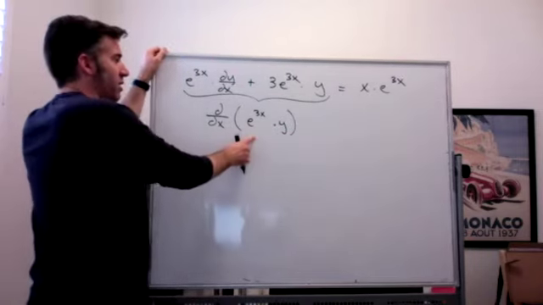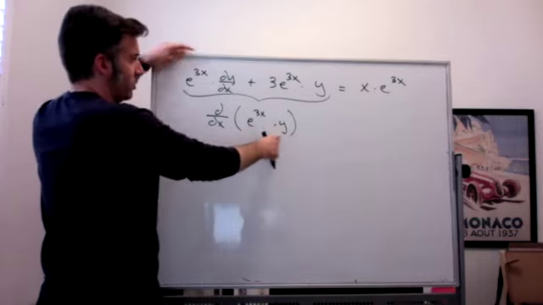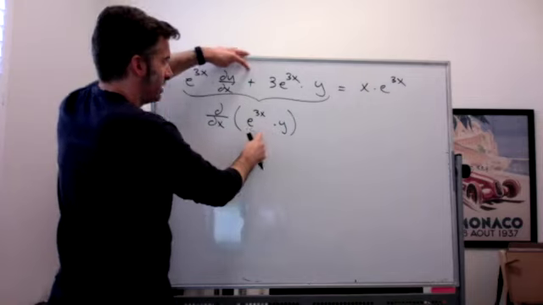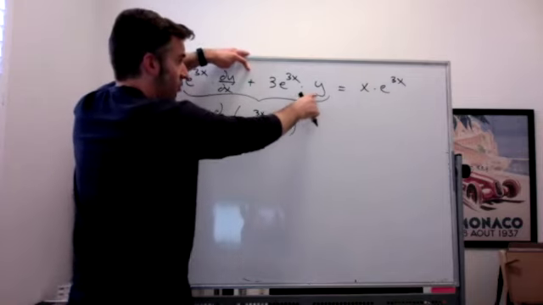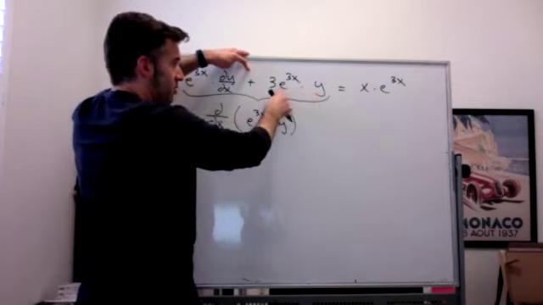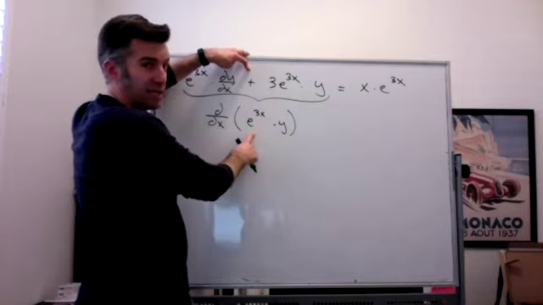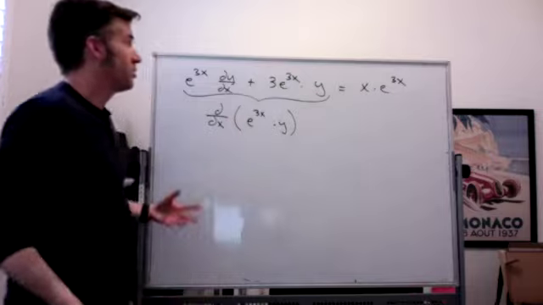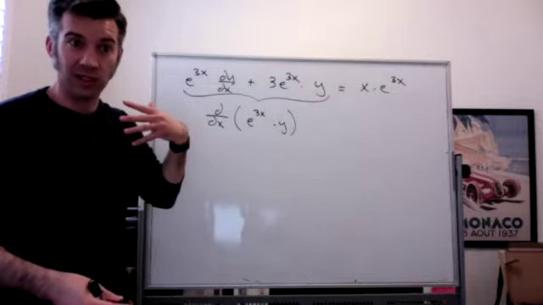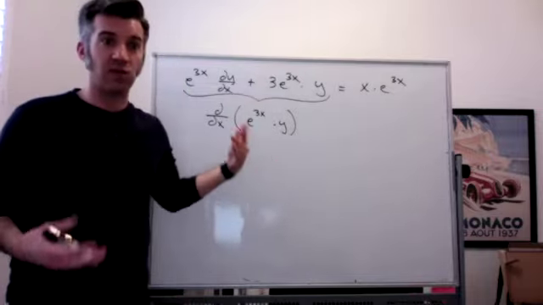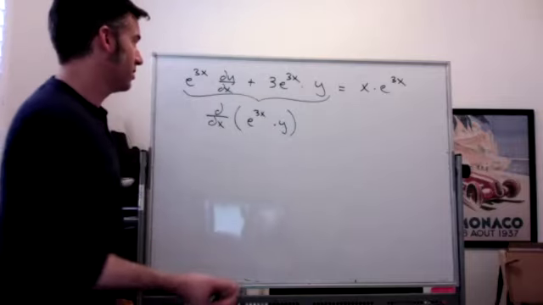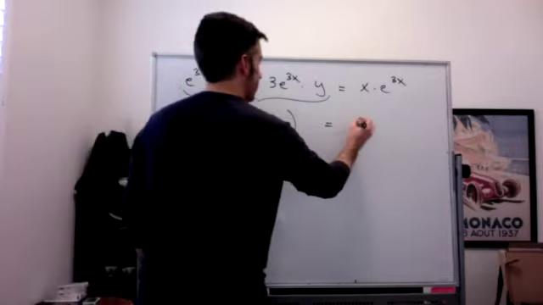The derivative of this product is going to be the derivative of y times e to the 3x, plus, now we switch it, we leave y alone times the derivative of e to the 3x, which is e to the 3x times 3, which is totally that. So our process is always to end up getting something that looks like the derivative of a product on the left-hand side.